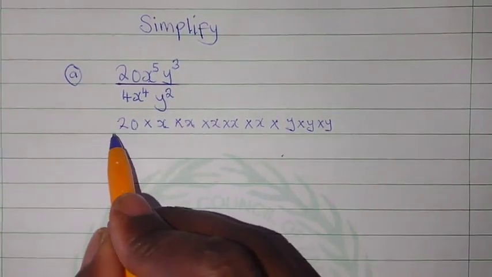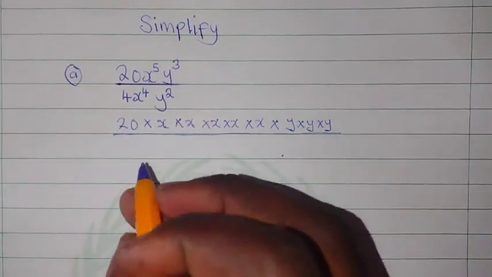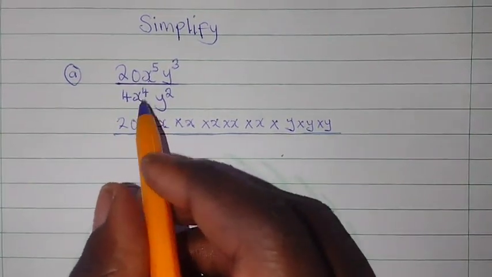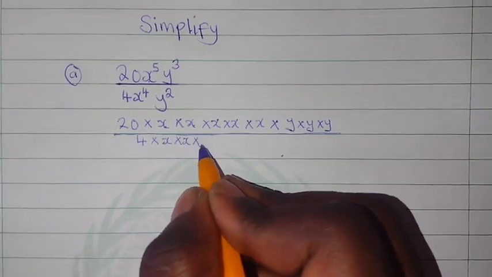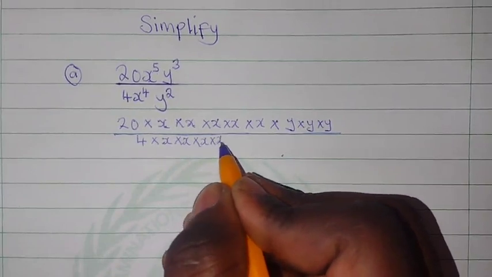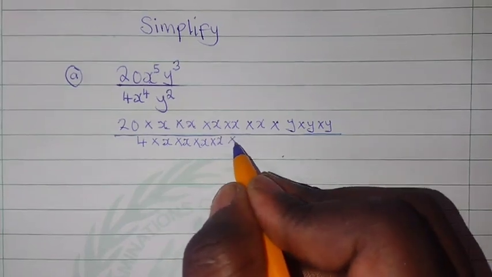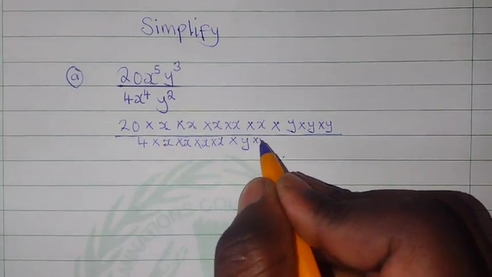Now we are going to divide by 4, so you can write a 4 here, times x power 4, we multiply x by itself 4 times. So this will be x times x times x times x. Again times, the second one is y power 2, so this will be y times y.